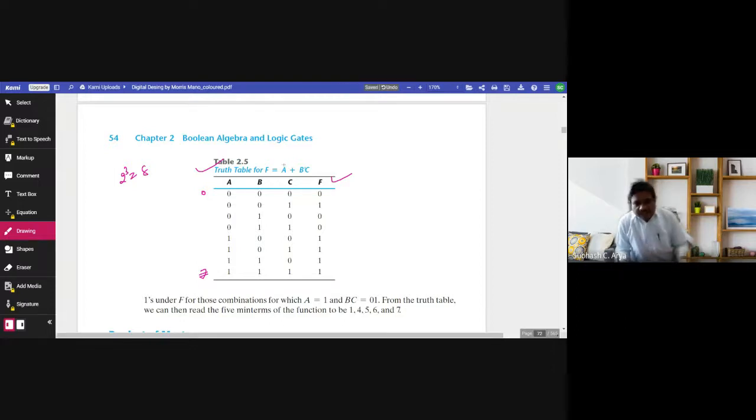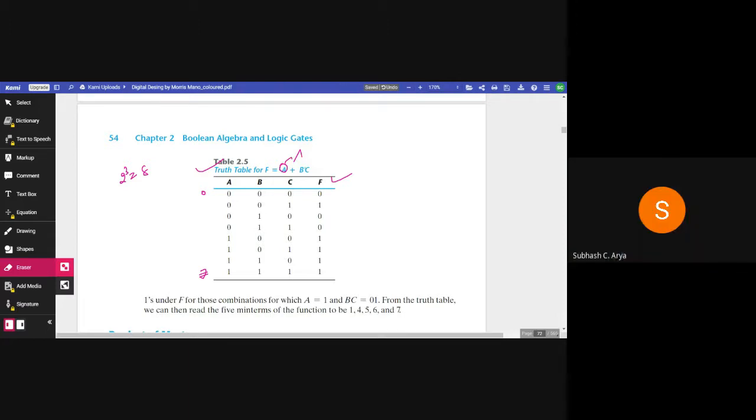Now we have to see, we know that F is expressing 1 wherever A is 1. Sometimes this behaves abnormally. Let me close my video so that bandwidth can be saved.